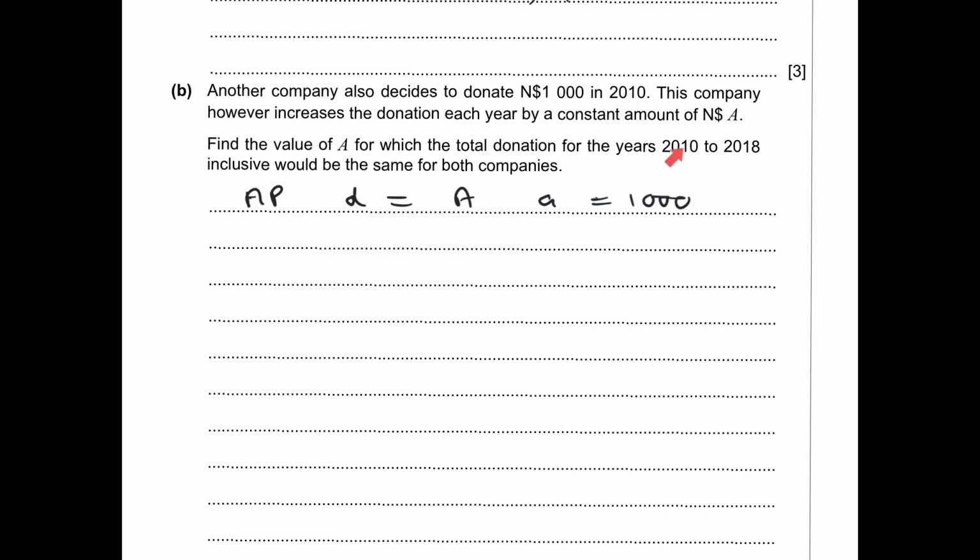It is still from 2010 to 2018 inclusive, the same period, so the number of years is still 9. Since it's an AP, remember the sum of the first n terms is Sn equals n over 2 in square brackets 2a plus d in brackets n minus 1.